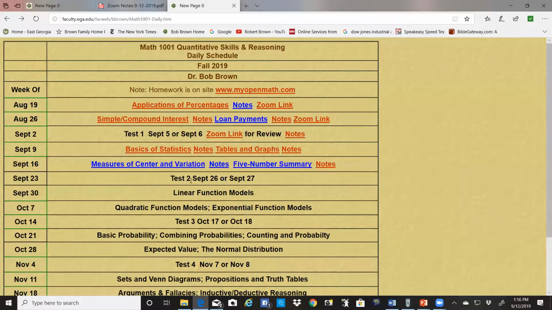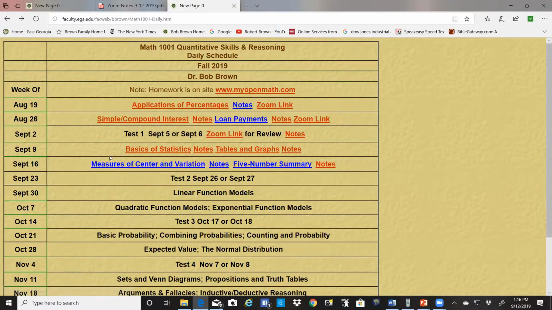And then next week, we're going to be looking at measures of center and variation and what we call the 5-number summary. The 5-number summary is what I just showed you in the box plot. It had the minimum, the maximum, the median, the 25th percentile, and the 75th percentile.